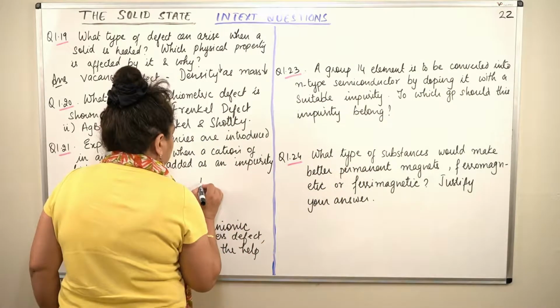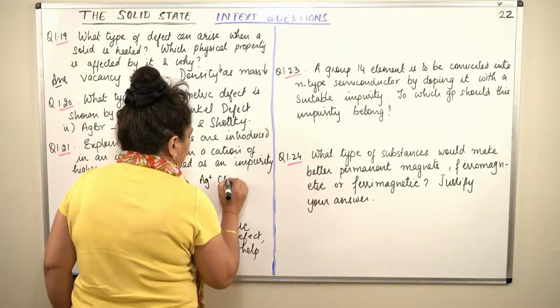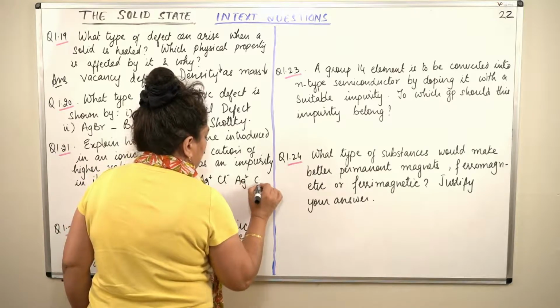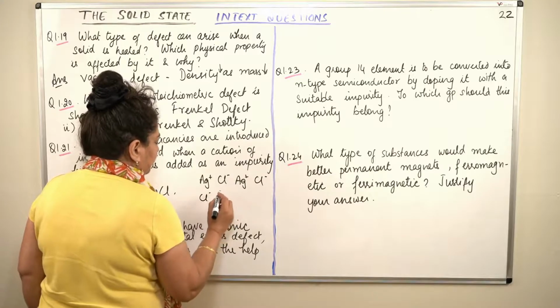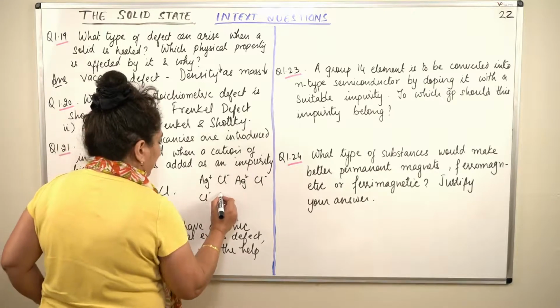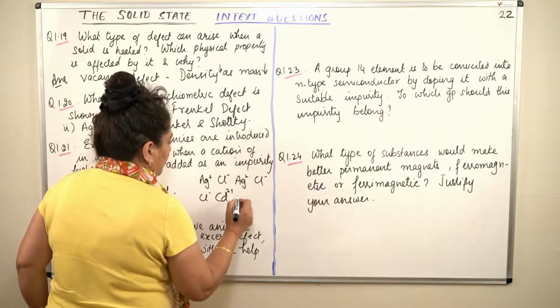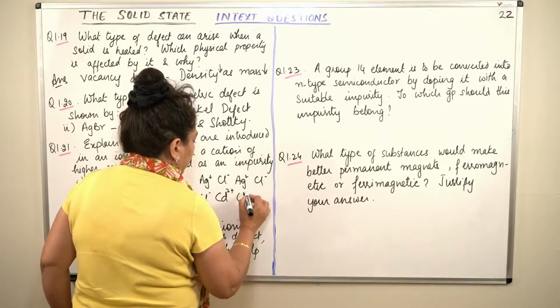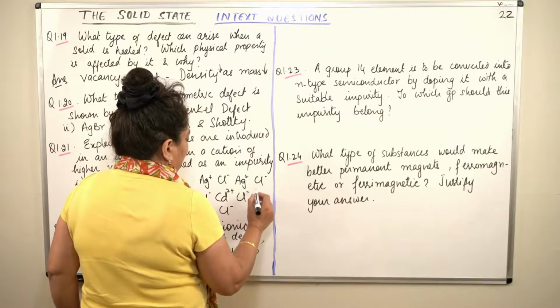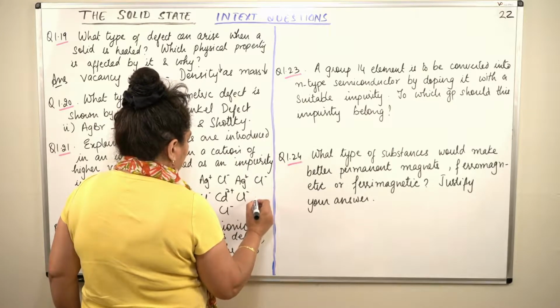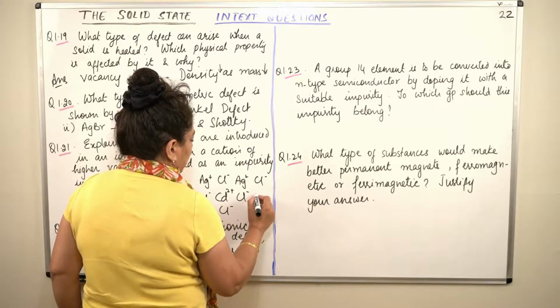So if this is Ag positive, Cl negative, Ag positive, Cl negative, that's the crystal how it is. Instead of Ag positive, if I get cadmium, then you will have 2 chlorides for it, right? And if there are 2 chlorides, then 1 silver should be missing.